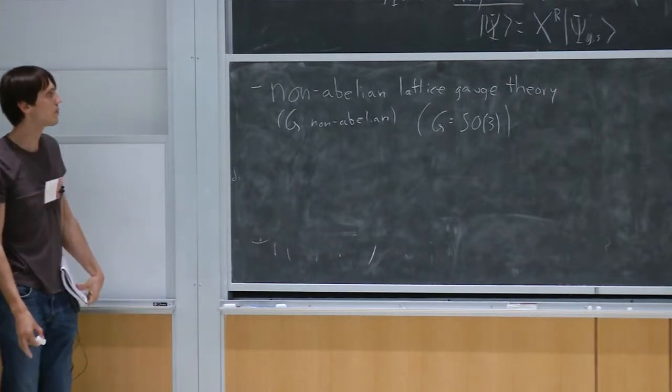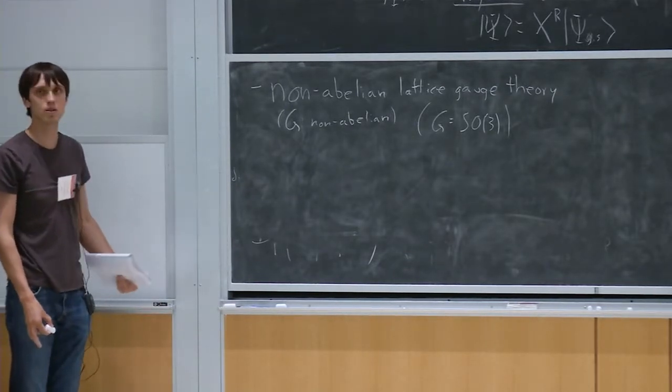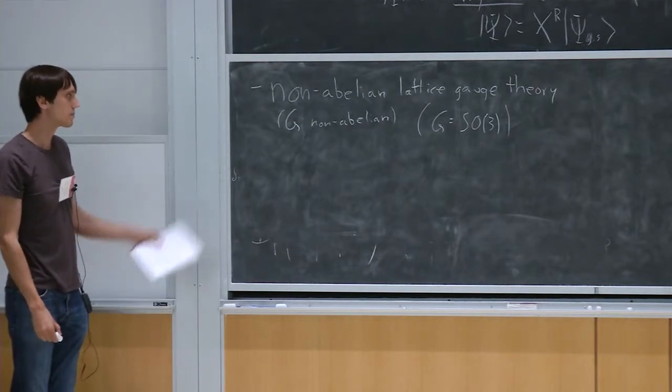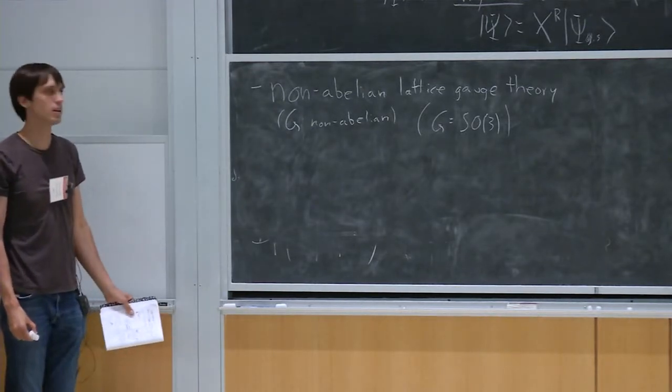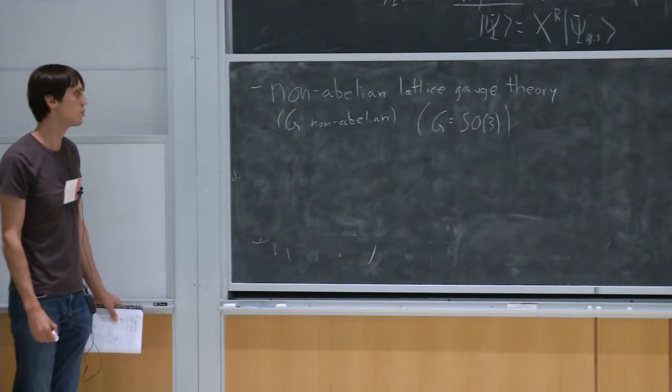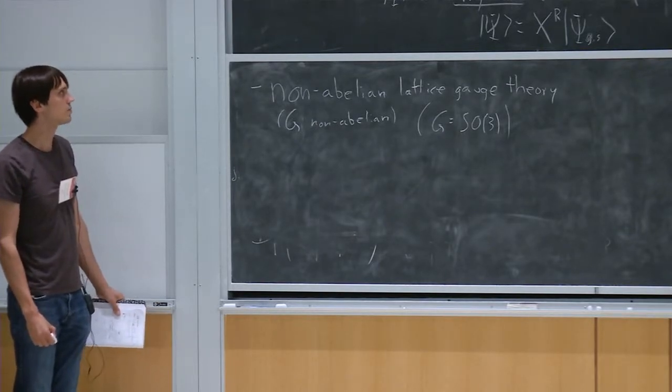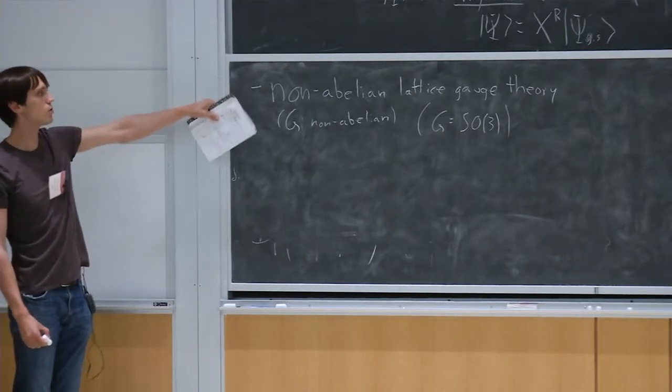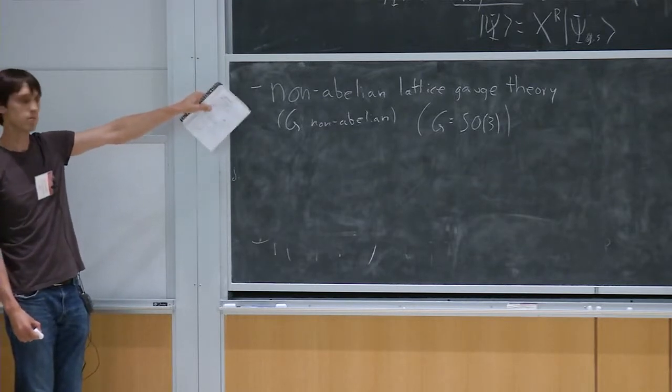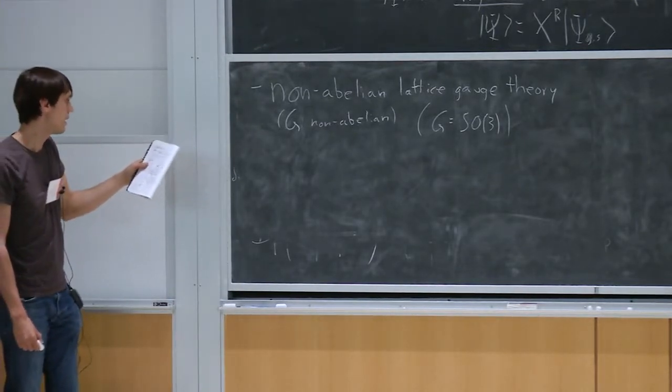So in a lattice gauge theory based on a finite non-abelian group, just like in the toric code, you can also get a model of anyons built in this way.